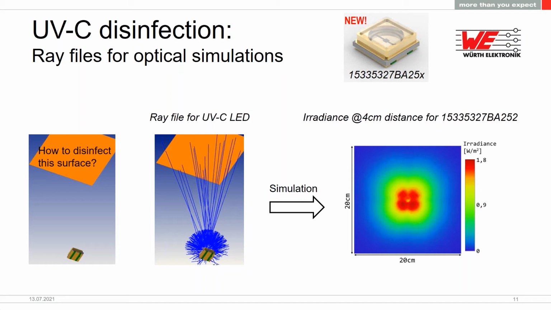When you put those ray files into optical simulation software, what you can simulate is, for example, as shown here, how much light is getting on this surface. In this case, it's called the irradiance, and the irradiance is given as watts per square meter. So it's actually the power per area that's hitting the surface.